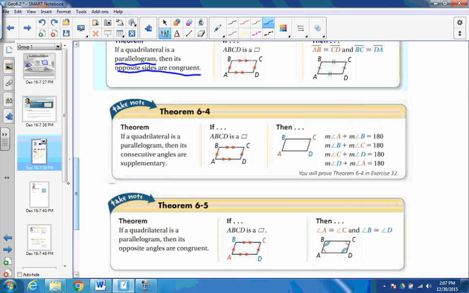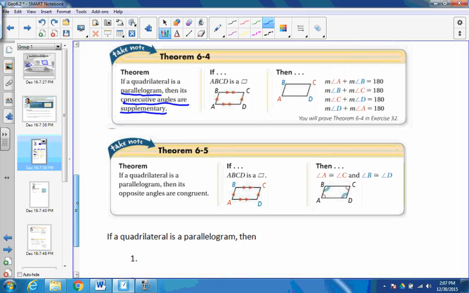That's one thing. Theorem 6.4 says if a quadrilateral is a parallelogram, then its consecutive angles are supplementary. So we have that A and B would add up to 180, A and D also down here would add up to 180, and so forth. Consecutive angles are supplementary.